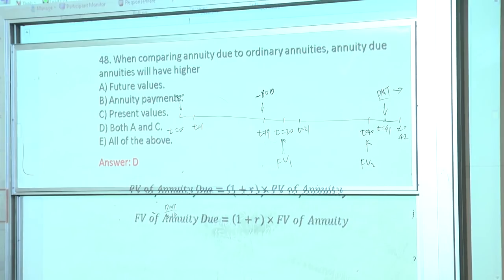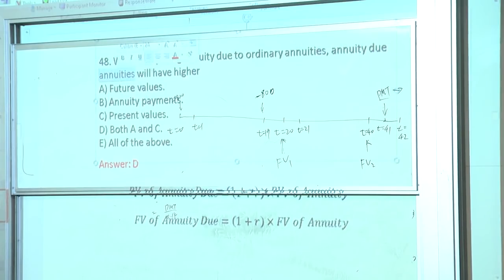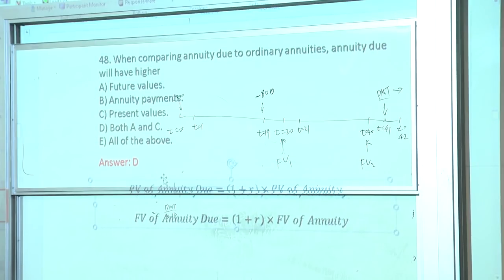So comparing annuity due to ordinary annuity, annuity due will always have both higher future value and higher present value. That's the formula we just saw. Because each payment is made one period earlier, they are closer to the current time.